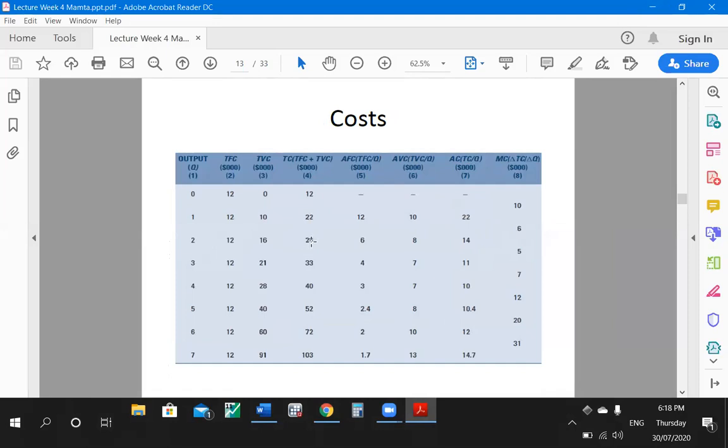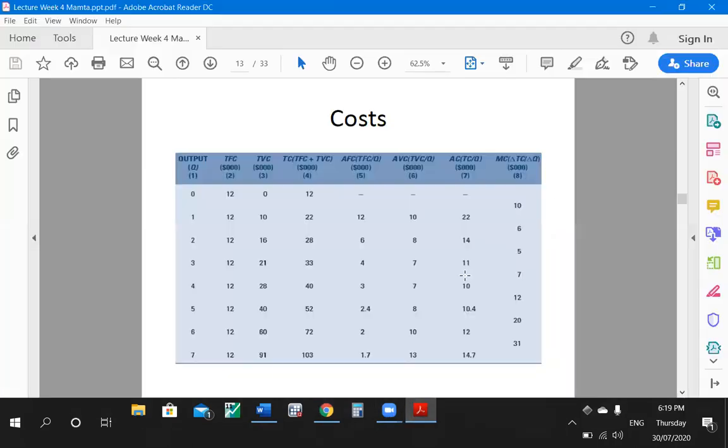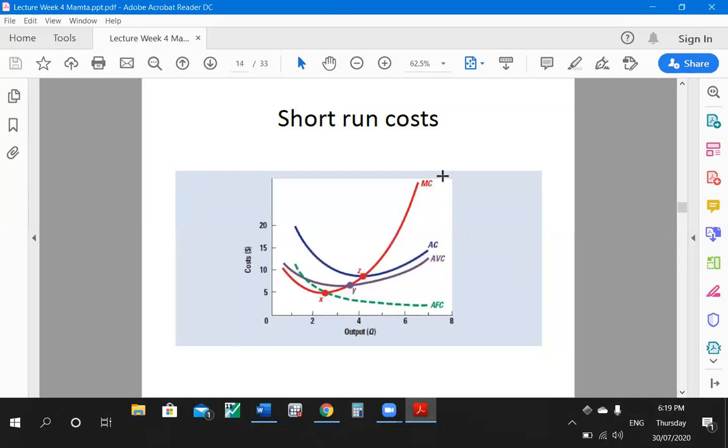Sorry, total cost. So the second item is costing them actually $6 extra. But look here, average cost has gone down to $14. 22, 14. And the third one is 11. The fourth one is 10. See, this is going down very quickly. And it will start going up too. I already showed you these things.